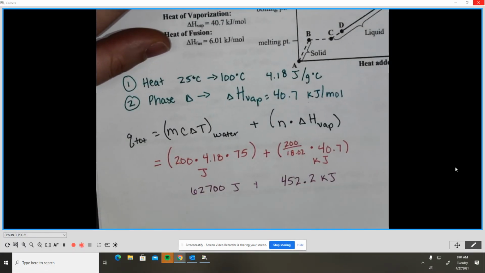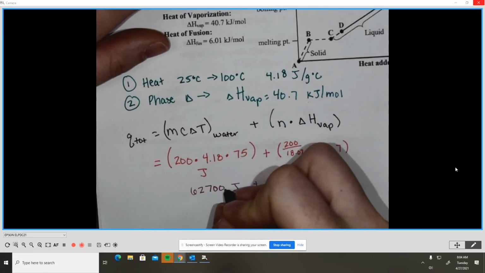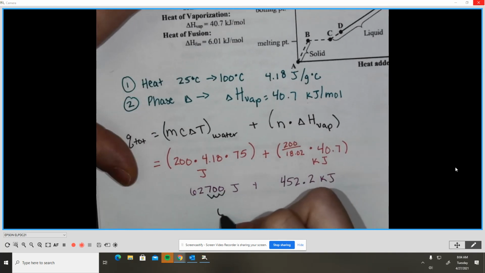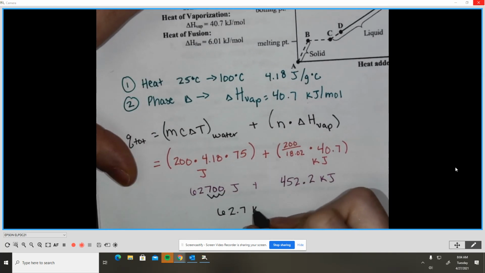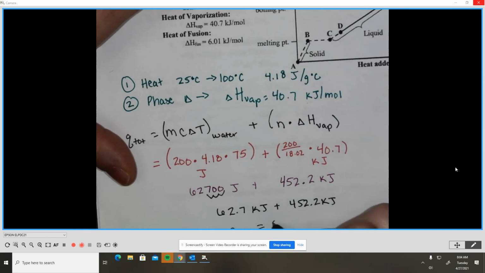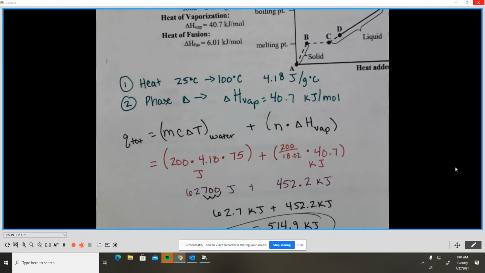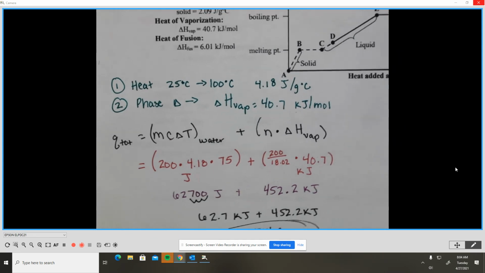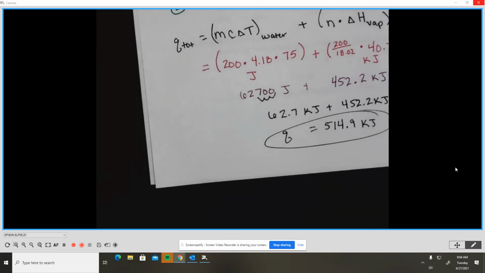So I'm going to just convert this one quickly to kilojoules. 1, 2, 3. So we're going to have 62.7 kilojoules plus 452.2 kilojoules. That's going to give us our Q total of 514.9 kilojoules of heat required to completely vaporize 200 grams of water that started at 25 degrees Celsius.